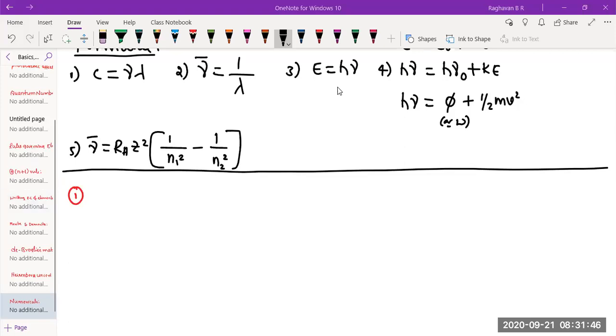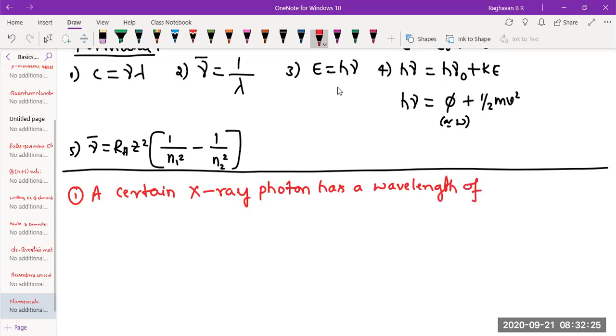A certain X-ray photon has a wavelength of 0.79 Armstrong.